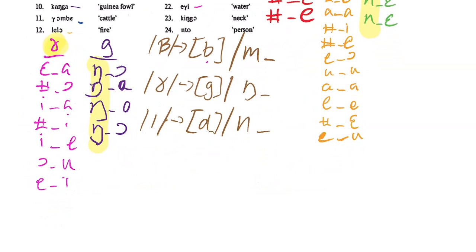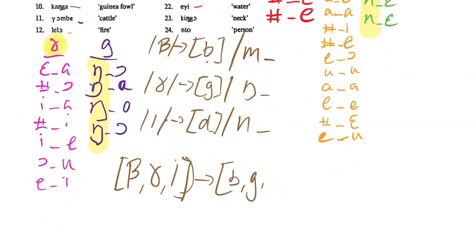So we could do a joint rule. We could say beta, gamma, and L, in brackets because it's a list, become B, G, D in the environment after a nasal. And that's a rule that would give us all three of these things.